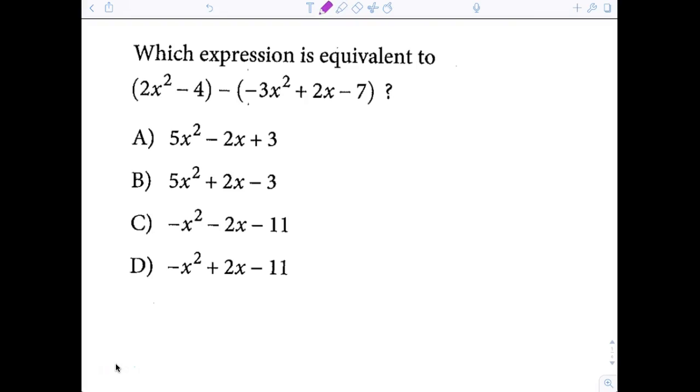So when you distribute the negative, plus, plus, minus, plus. So what's 2x squared plus 3x squared? 5x squared. So it can't be C or D. And now, negative 2x has to be what? A.